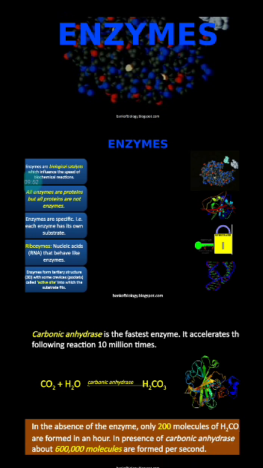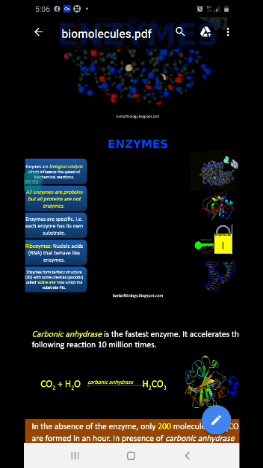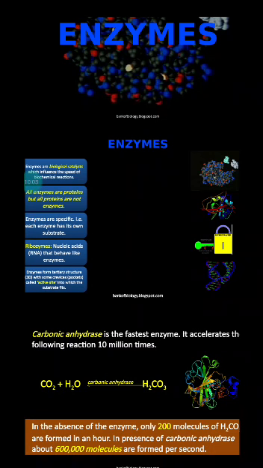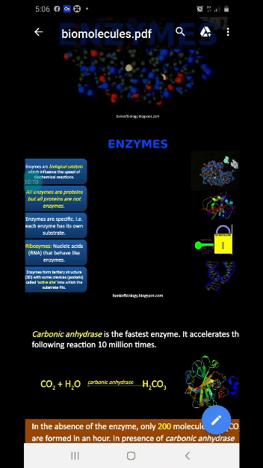This reaction can happen without the enzyme, of course, but only 200 molecules are formed without it. If carbonic anhydrase is present, more than a million molecules of H2CO3 are produced within seconds. If it is not used, only 200 molecules of H2CO3 are formed.